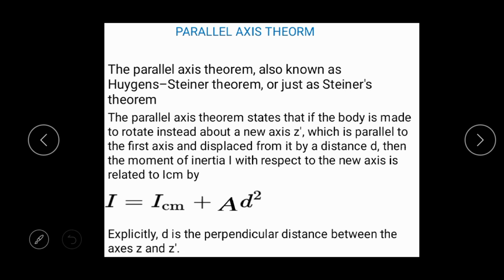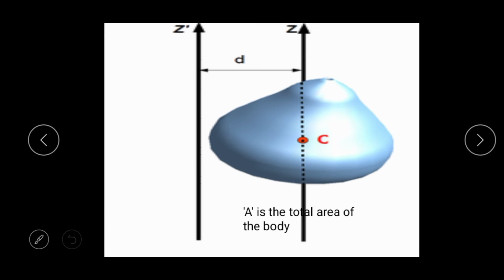It states that if two axes are parallel to each other, and if we know the moment of inertia of a body about any of the two axes, then the moment of inertia of the body about the other axis can be found by taking the sum of the moment of inertia of the body about the known axis and the product of the area of the whole body and the square of the distance between these two parallel axes.